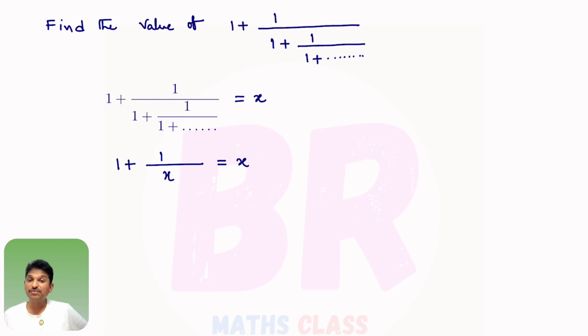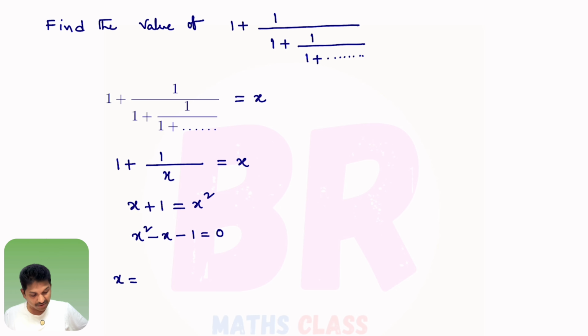Now you simplify this. If you simplify, x plus 1 equal to x square, you will get x square minus x minus 1 equal to 0. I need to find the x value. I'll use the formula to find the roots: minus b plus or minus root over b square minus 4ac, divided by 2a.